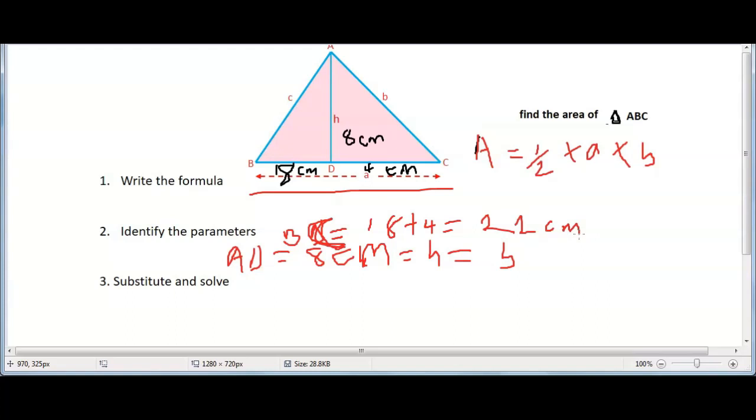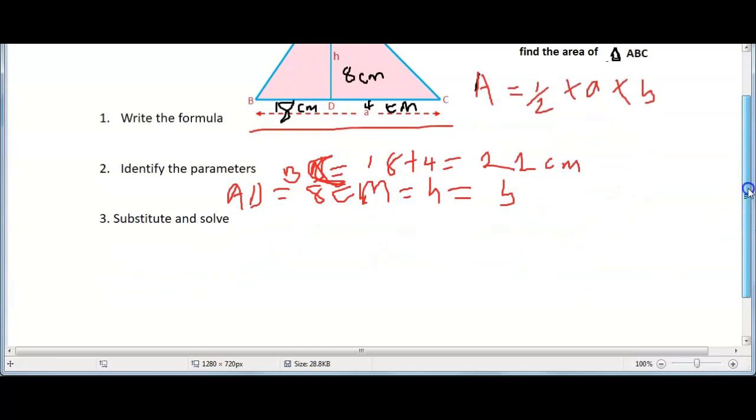As I indicated, line BC has been split into 2. One part is 18 and the other part is 4. So what you need to do is to sum up the 2 numbers to get the length BC. As simple as that, 18 plus 4 gives 22. Now substitute the values into the formula. A is half times a times b.